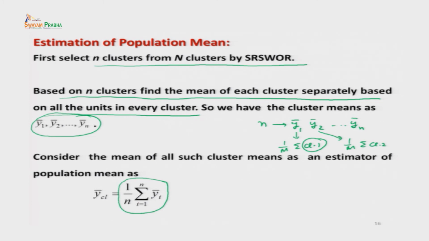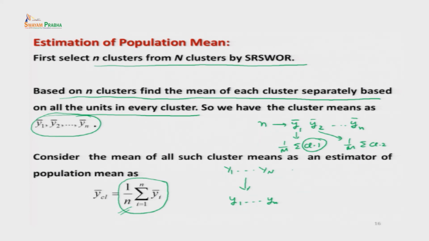You can see it looks like a weighted arithmetic mean where the weights are given by 1 upon n, but I would like to show you one more thing here. Now, try to recall simple random sampling. We had the population Y1, Y2, up to YN, and from there I draw a sample y1, y2, up to yn.